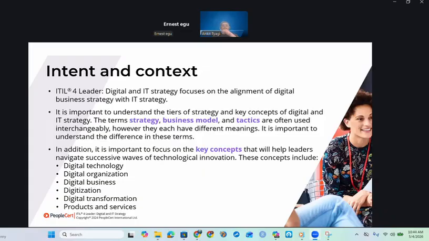In addition, it is important to focus on the key concepts that will help the leaders navigate the successive waves of technological innovation. These concepts include the same ones that we saw earlier: digital technology, digital organization, digital business, digitization, digital transformation, and products and services.